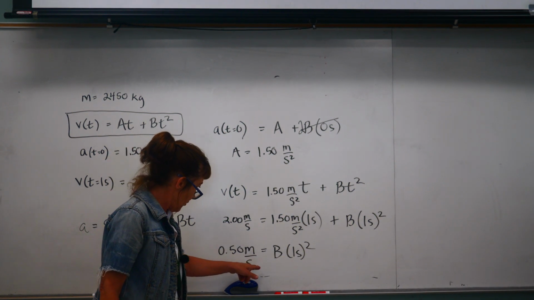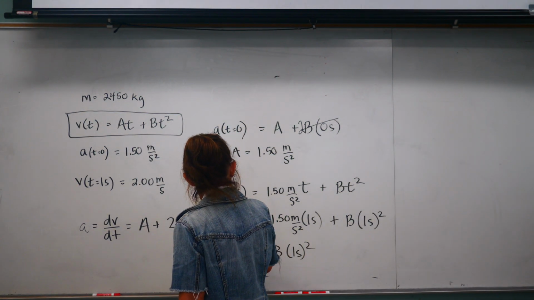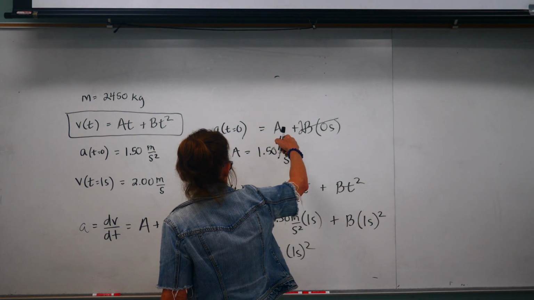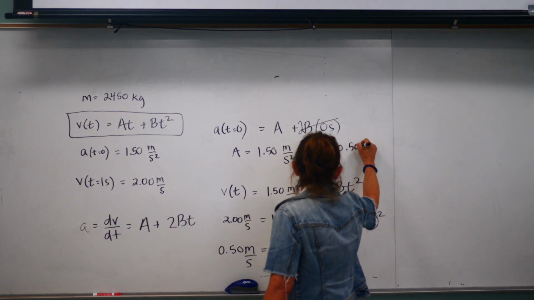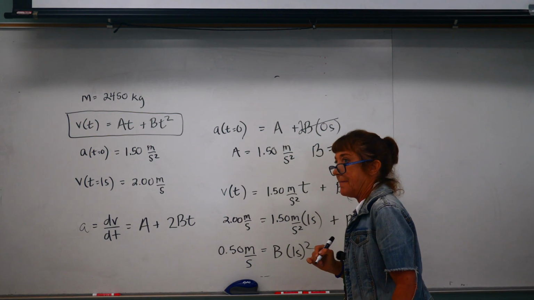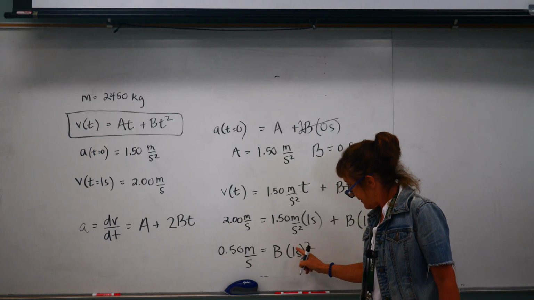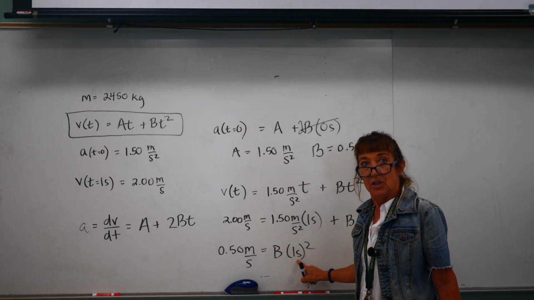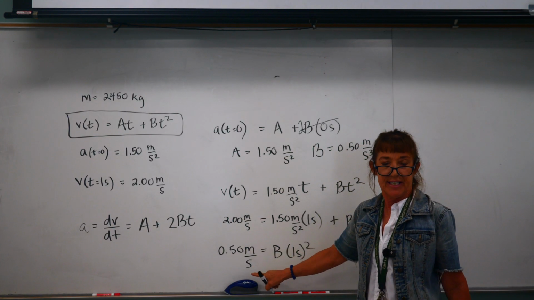B is going to be equal to 0.50 meters per second cubed, second cubed because I got this squared. Divide both sides by 1 second quantity squared, and I'm going to get a second cubed in the denominator.